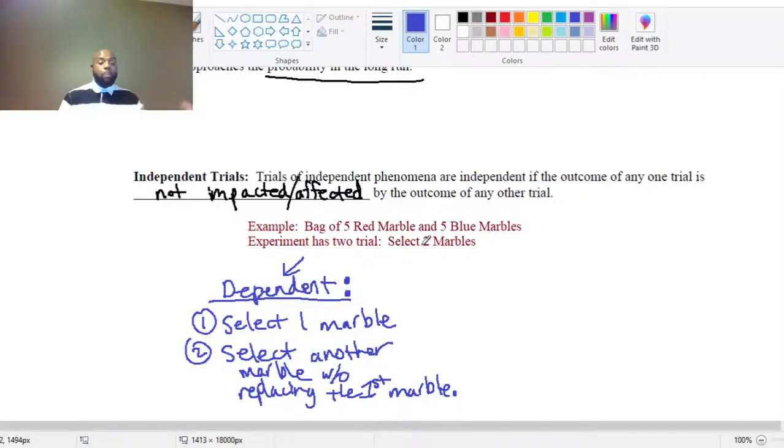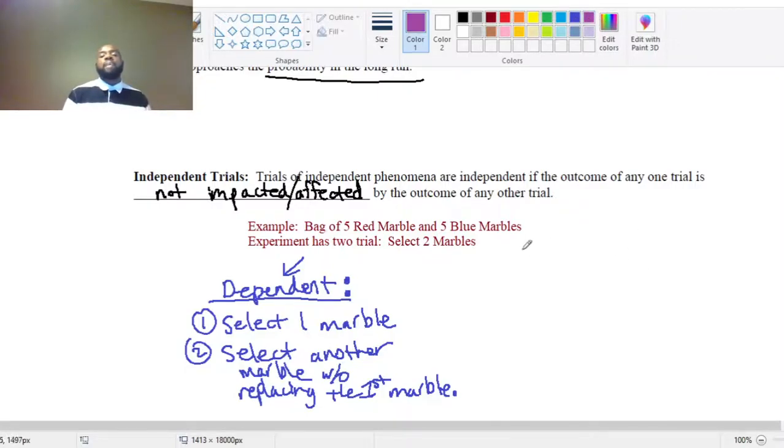Well, if I don't put that marble back in, now there's 9 marbles left. And so the probability of selecting a red marble now is going to be out of 9 instead of out of the 10, right? And so the probability changed from one trial to the next. That means that the trials are dependent, all right?